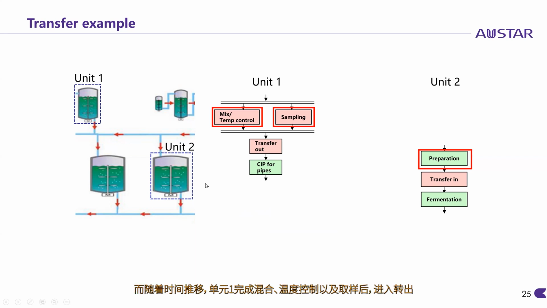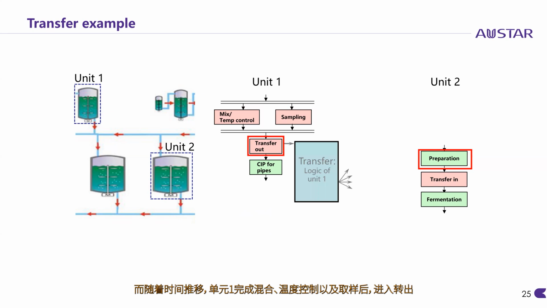So at some point in time, unit 1 will be done with the mix, temp control, and sampling, and move to transfer out. That is when the transfer logic of unit 1 will be activated, and it is looking out for a partner. It now needs a place to send its material to. While unit 2, it doesn't know who is its partner at this time.